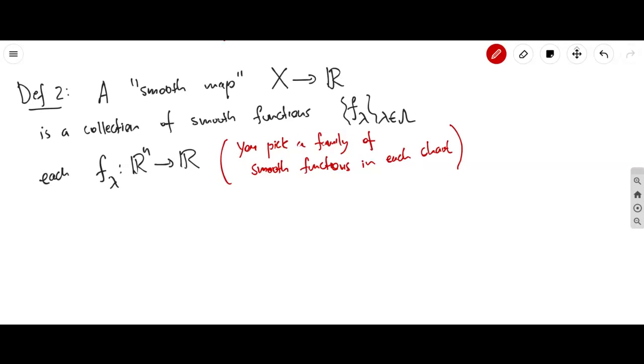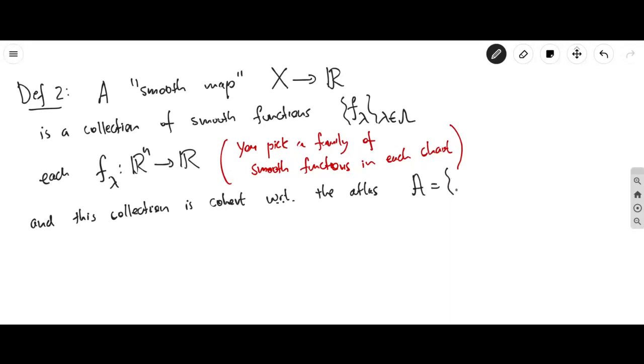That's the big idea about manifolds, that you always bring things back into the charts. So instead of defining what it means to be a smooth map from x to R, you rather define a collection of functions in every chart, because these charts are then being mapped into x. So it's a collection of smooth functions, and this collection is coherent with respect to the atlas.